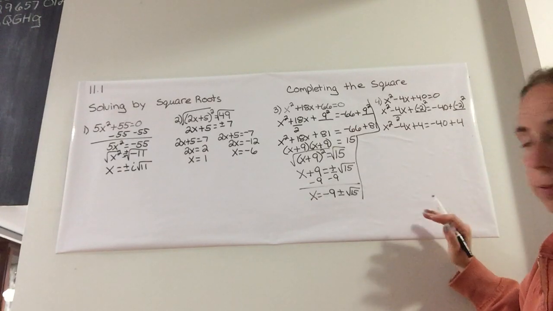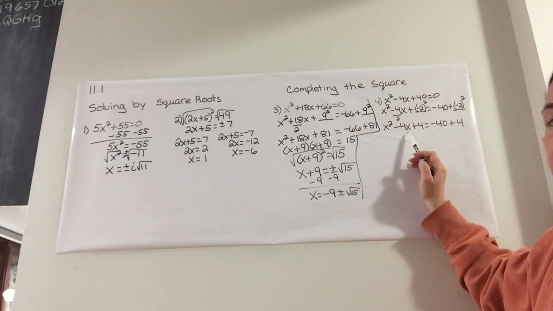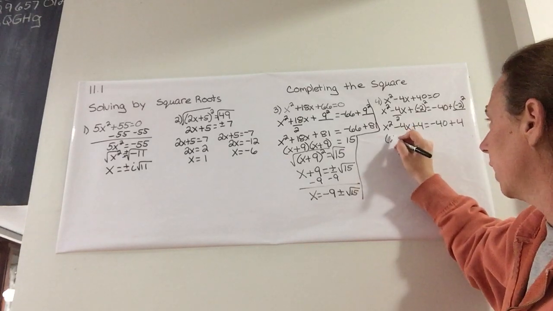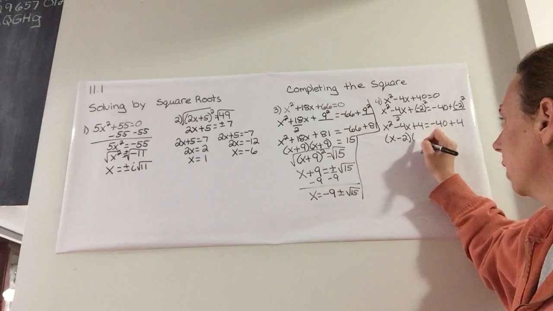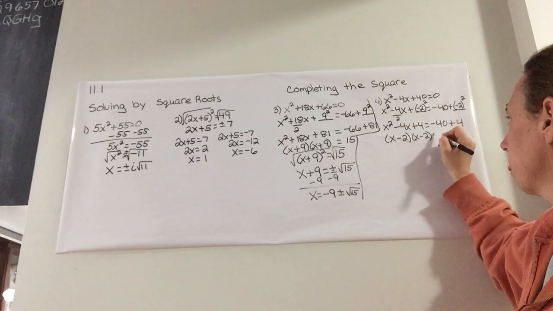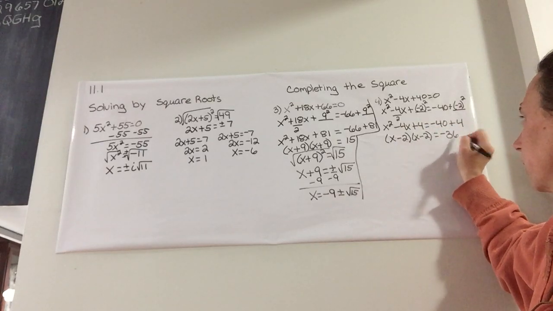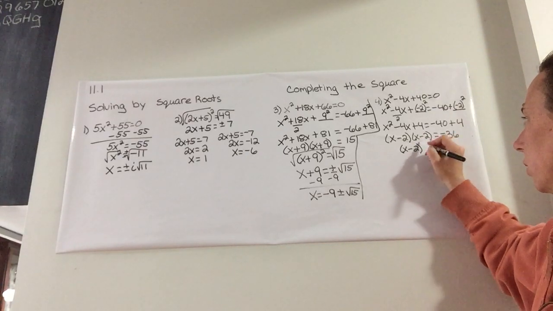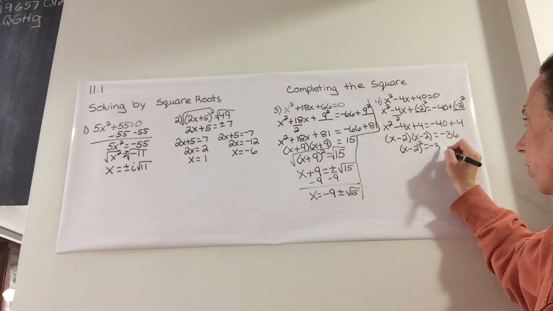Everybody following along? We need to factor this, correct? So when I factor it, I get x minus 2 squared is equal to negative 36.